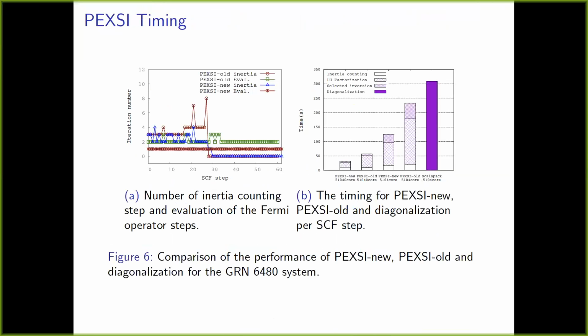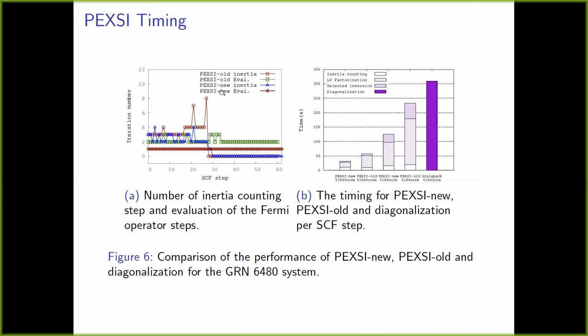Also, one thing is that with the current PEXSI timing, we don't need to do the PEXSI initial counting over and over again to restart. In each step, we have 2 to 3 steps of PEXSI initial counting for the current PEXSI, and for the old PEXSI, sometimes it takes up to 8 steps.